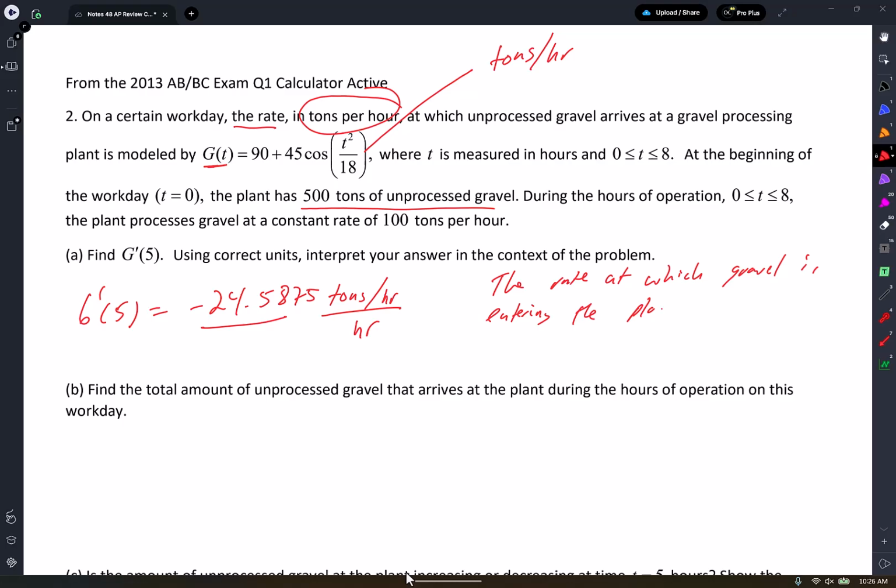Yeah, I'm going to say that eventually. The rate at which gravel is entering the plant is decreasing at a rate of negative 24.5875 tons per hour at T equals 5 hours. There it is.